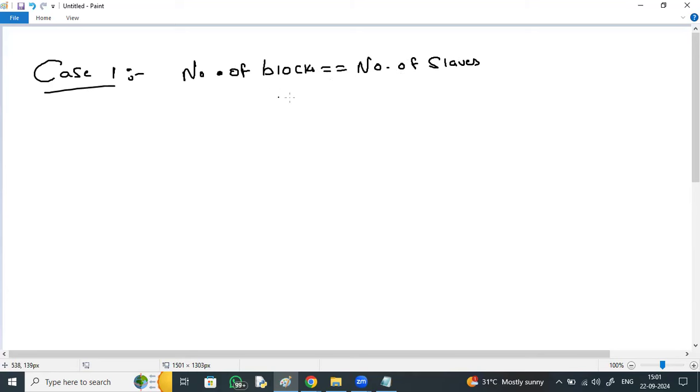For example, 3 blocks, 3 slaves, or 4 blocks, 4 slaves. Assume B1, B2, B3, B4. How many slaves? 4: S1, S2, S3, S4, right?